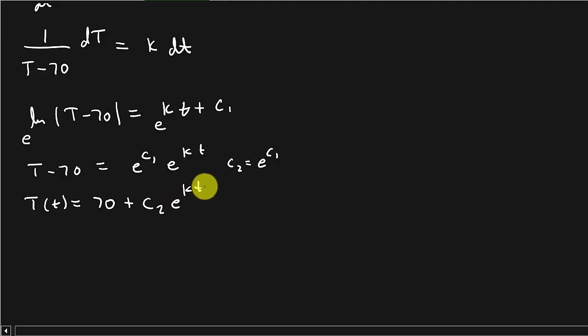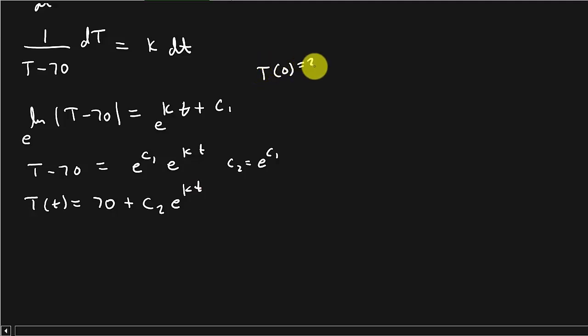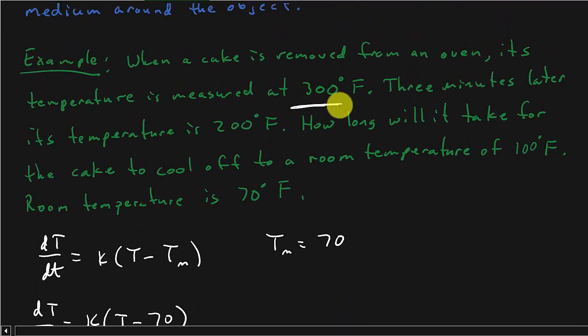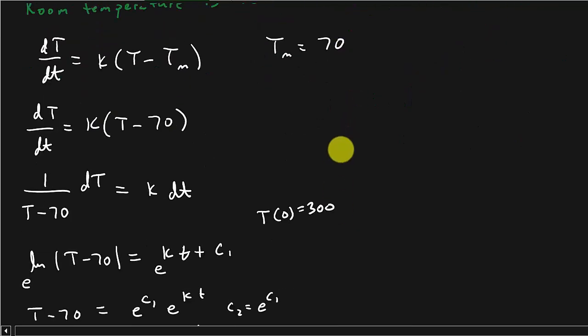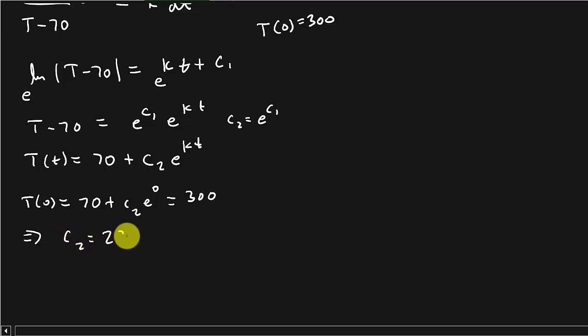All right. Now, notice up there it told us that T of 0 is equal to 300. Okay, when the cake came out of the oven, it was 300 degrees. And so we can use that to find C2. So we've got T of 0 is equal to 70 plus C2 e to the 0, and that is equal to 300, which tells me that C2 is equal to 230.